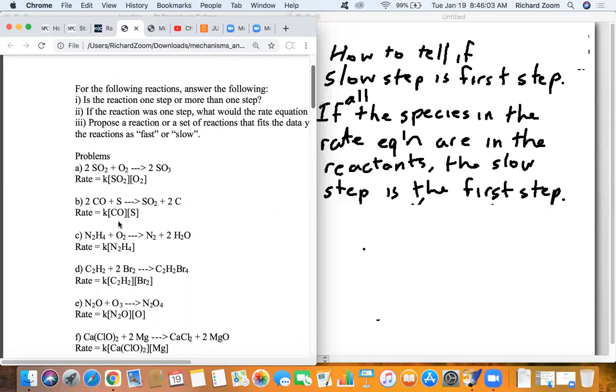Because if it was, it would mean that it was one step. Look at the language of how we determine the slow step is the first step. If all the species in the rate equation are in the reactants, it's very important you understand that it's the rate equation species that are in the reactants, not the other way around. Remember, Alexandra, all poodles are dogs, but not all dogs are poodles.